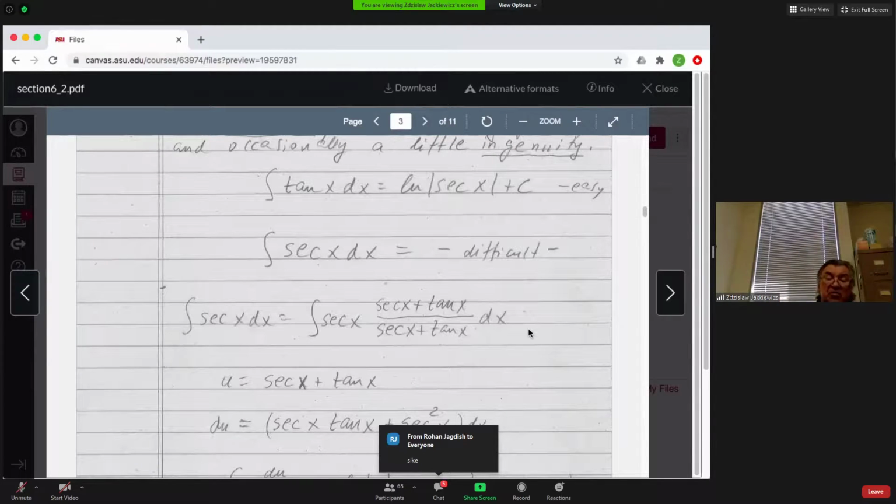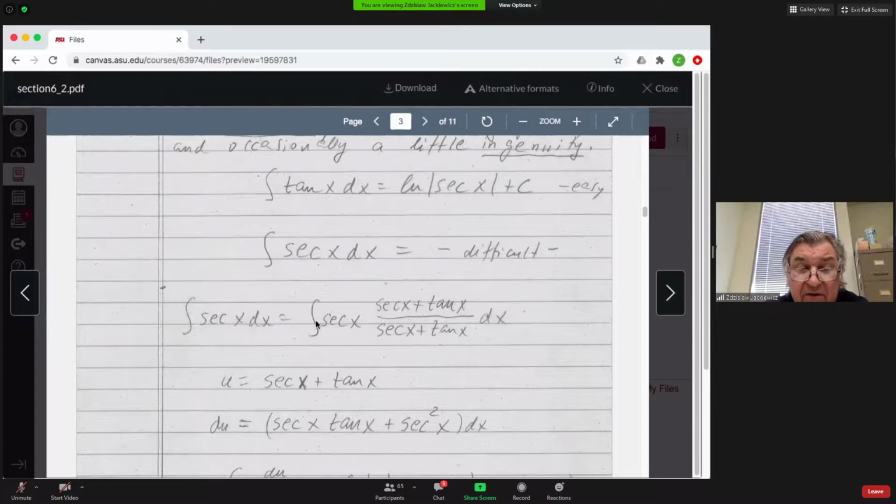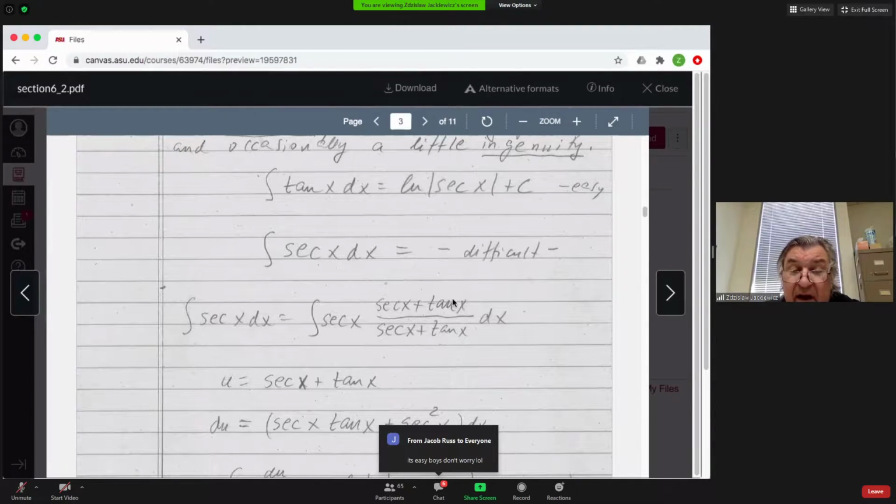It's easy to follow my explanation, but it would be difficult to invent this. So to integrate secant x dx, let's multiply secant x by 1, and 1 is written in this way: secant x plus tangent x divided by secant x plus tangent x. That's of course 1. So nothing changed.